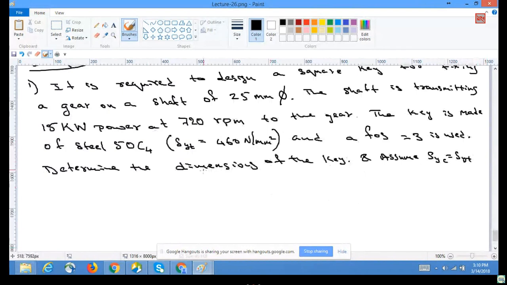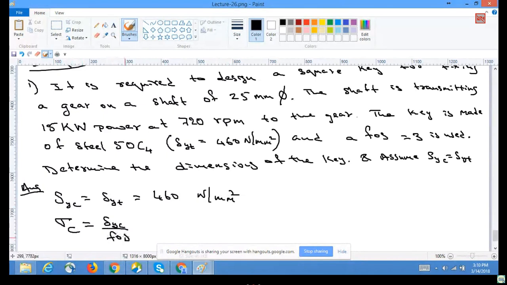So SYC is the same as SYT, that is equal to 460 MPa, and sigma C is SYC by factor of safety, which gives us 460 by 3, which is 153.33 Newton per mm square.